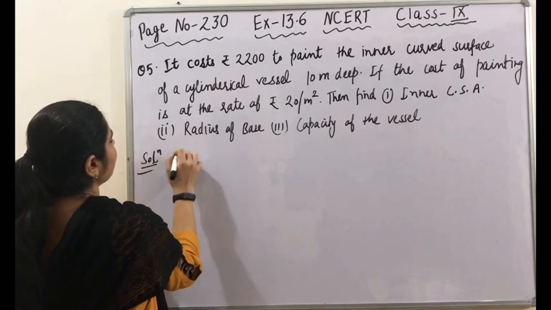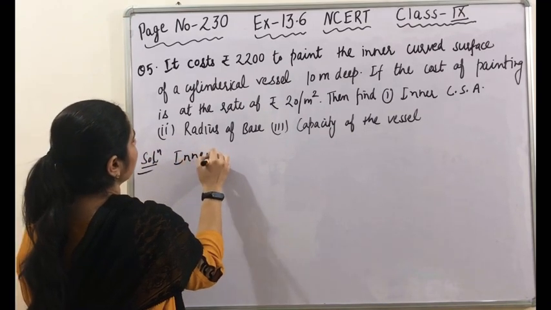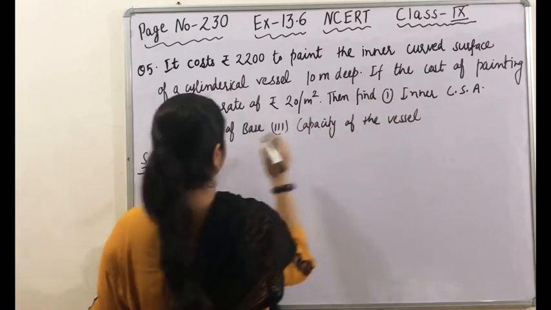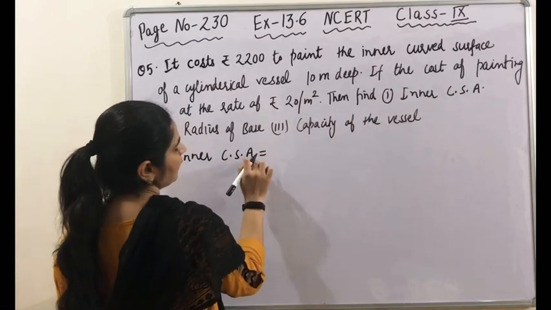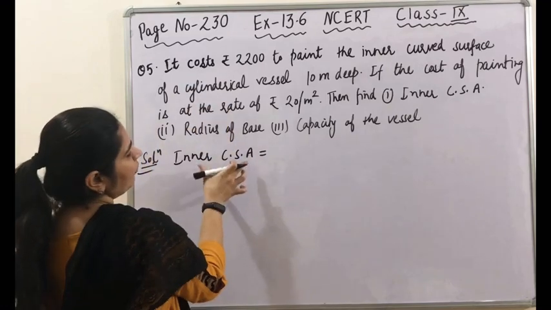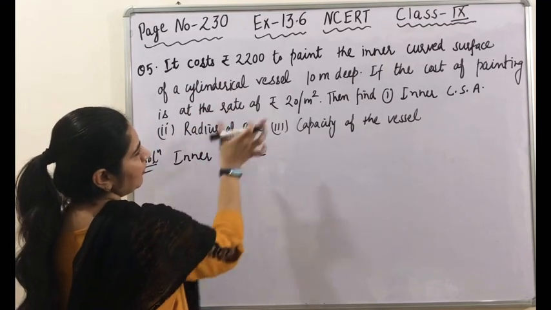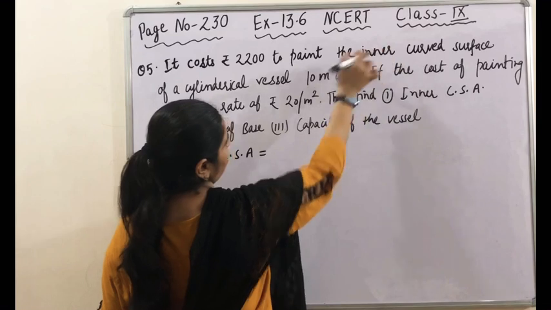So we can write down, in place of curved surface area, the short form CSA. And how can we find out the inner curved surface area? Because total cost is given here.